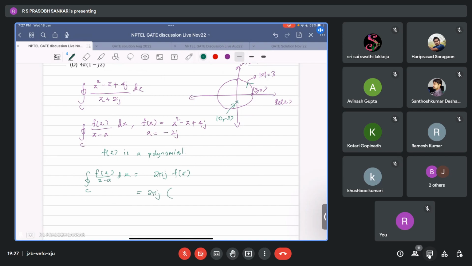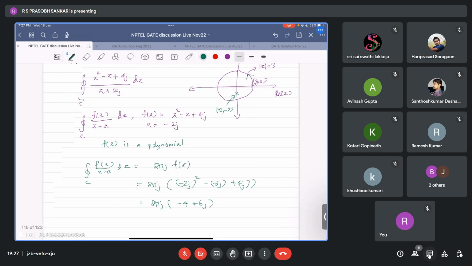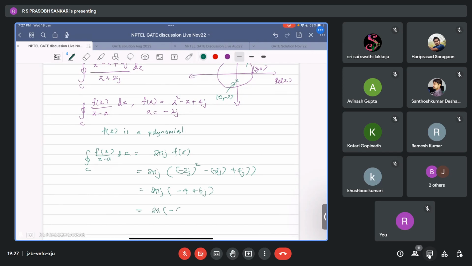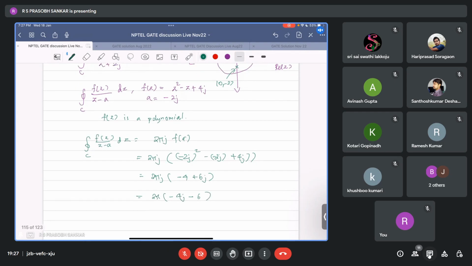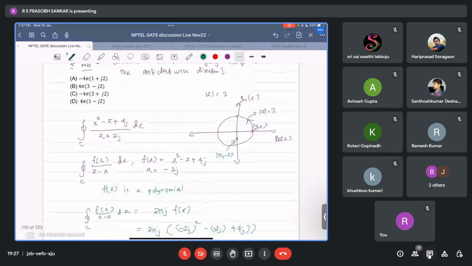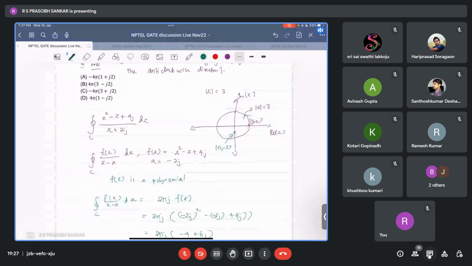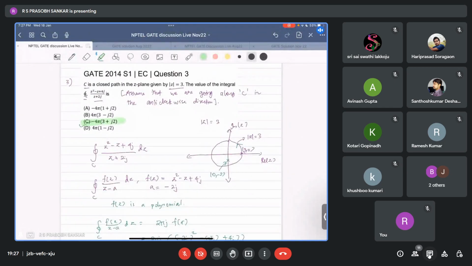That is 2 pi j times f of minus 2j, which is minus 2j square minus 2j, so 2 pi j times minus 4 plus 6j, or taking the j inside, 2 pi times minus 4j minus 6, taking the 2 outside, minus 2j. So this is C. So option C is the correct answer.